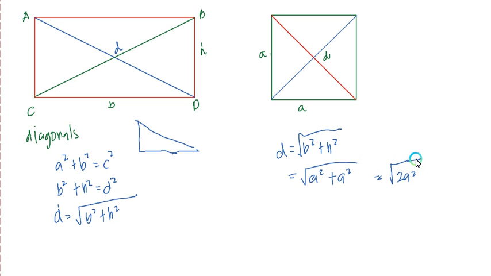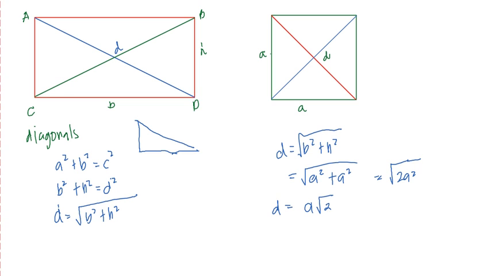So that means the diagonal for a square is equal to a square root of 2. And take note, if the length of the diagonal of the square is given, we can compute the length of the sides using the same formula.